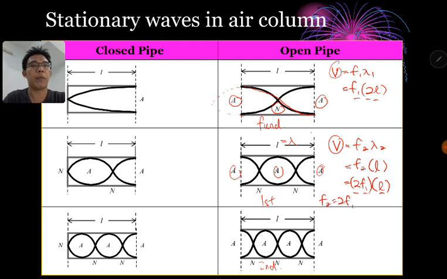Because it's 2 times the fundamental mode, we call this the second harmonic. If we found that the first overtone is 3F1, then we have to call it the third harmonic. We cannot call it second harmonic. The term depends on how much higher the frequency is compared to the fundamental mode.